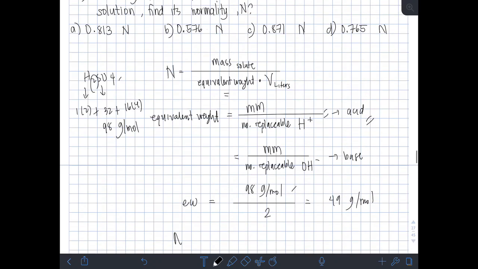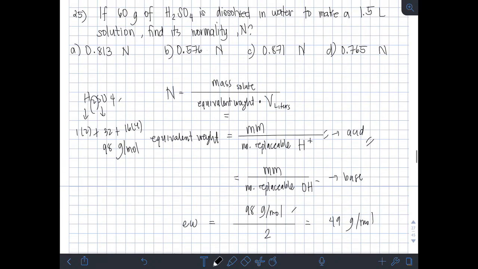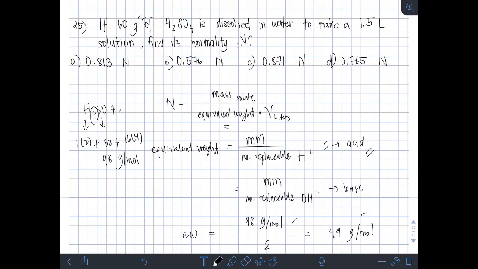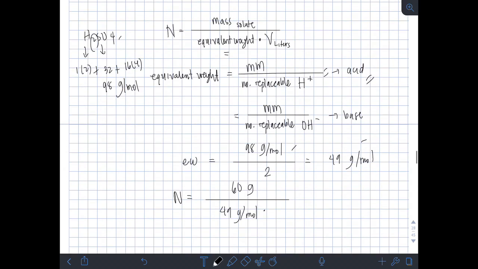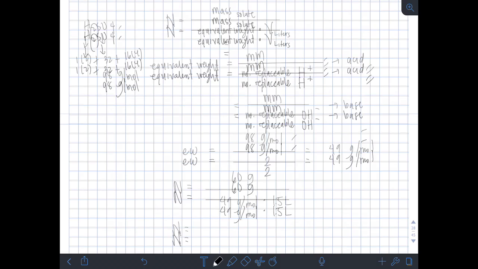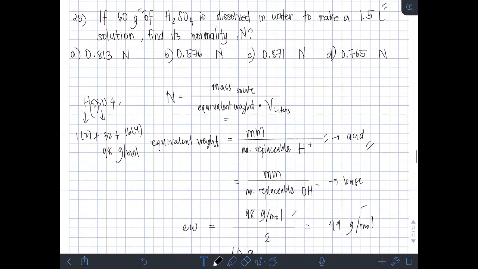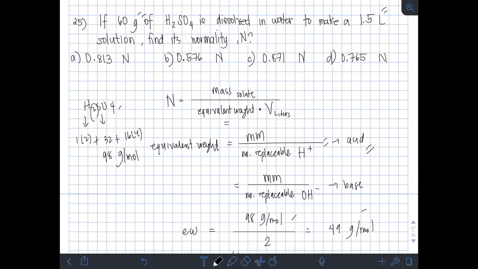Then N will be the mass of solute, 60 grams, divided by the equivalent weight, 49 grams per mole, times the given volume of 1.5 liters. Using a calculator, the value we solve is 0.816 N. So the answer is the closest one, letter A.